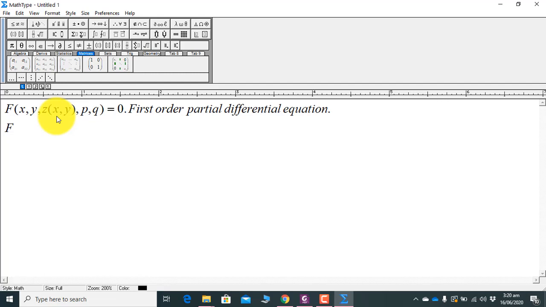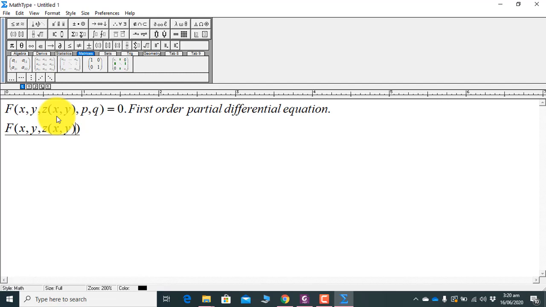So there will be some general form for writing a second order partial differential equation. This is written like this: F of x, y, z, which also depends upon x, y. Remember that we are writing the examples or definitions of partial differential equations of second order in two independent variables. We are not going to start the study with three independent variables.